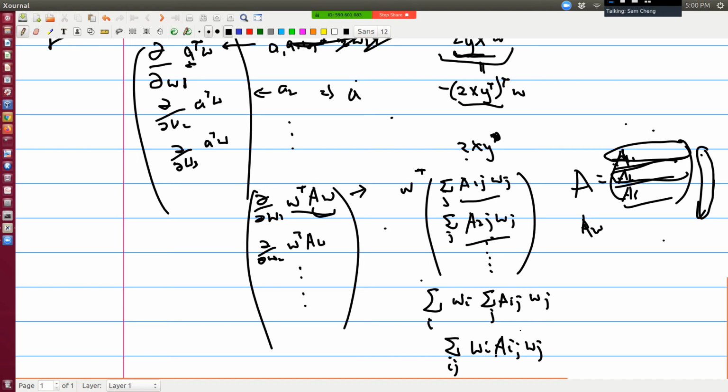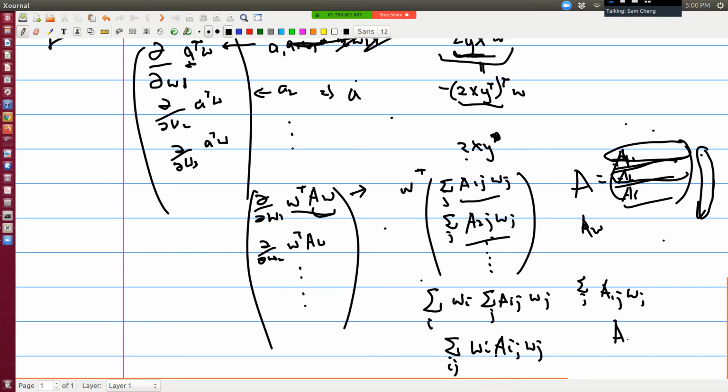When i equals 1, taking the partial derivative with respect to W1, I just have the remaining terms left behind. So therefore I actually have A1j Wj. And when j equals 1, then this part is left behind.